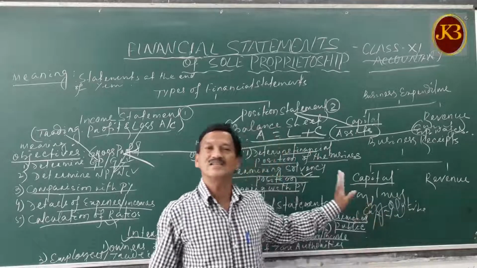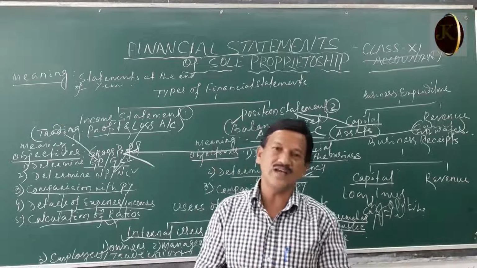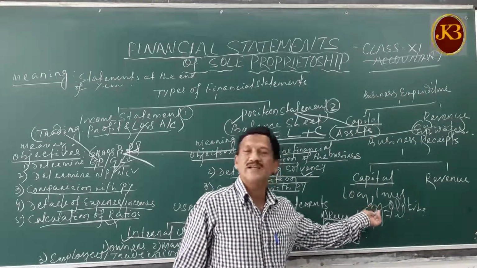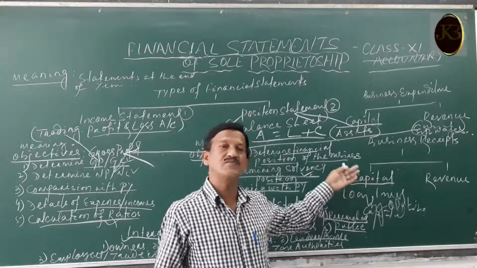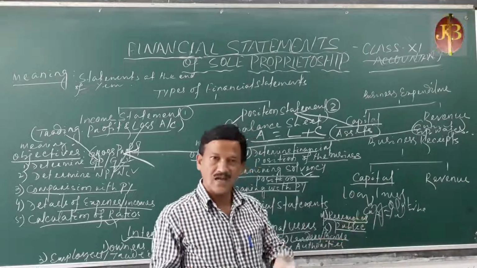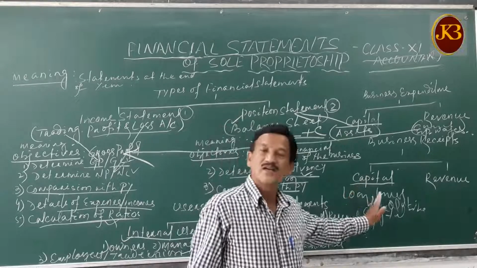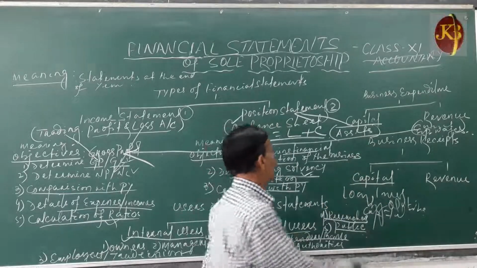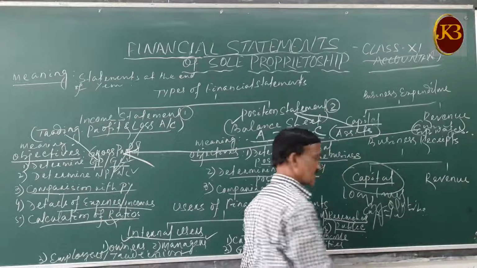These are occasional. This type of amount comes to the business in a large amount, but it is irregular, occasional. So this type of receipt is called capital receipts.